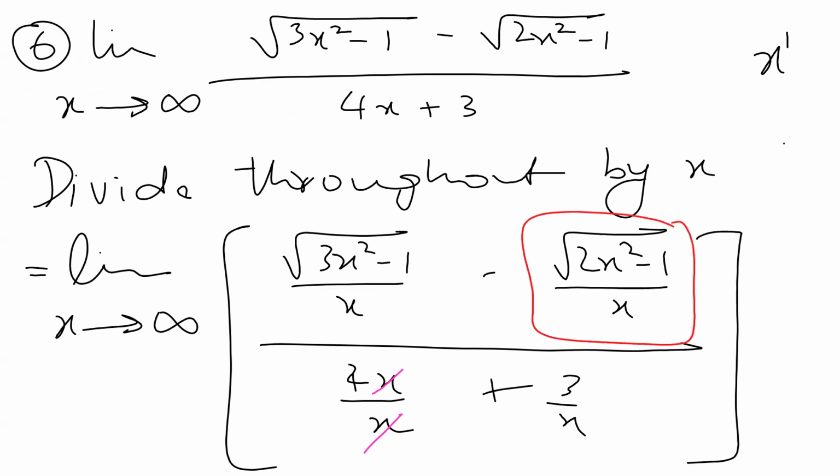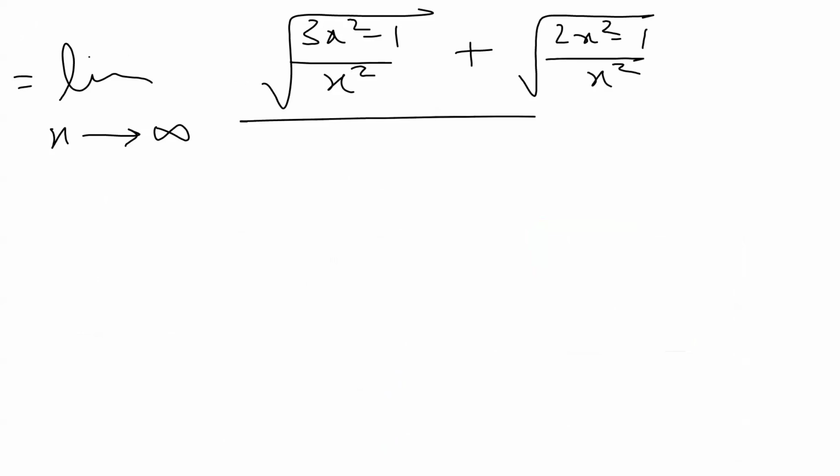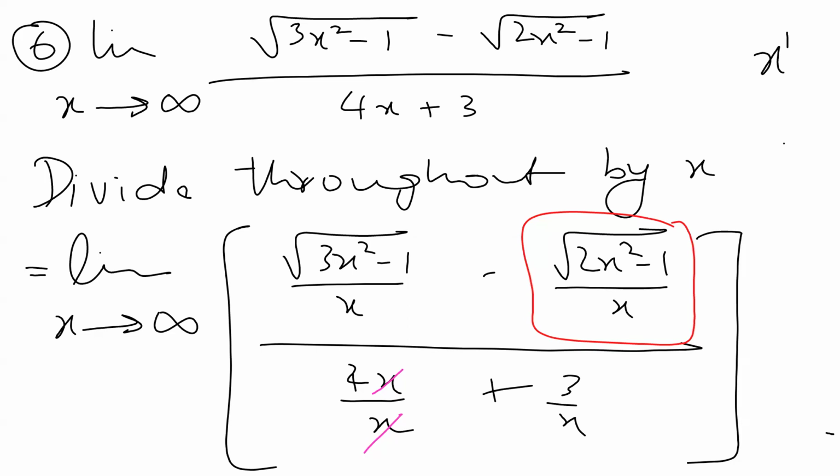How to express this, guys? Can someone tell me? We will take the x square inside, correct. So the entire root extends to the denominator and there will be x square inside. And this is 4 plus 3 upon x.